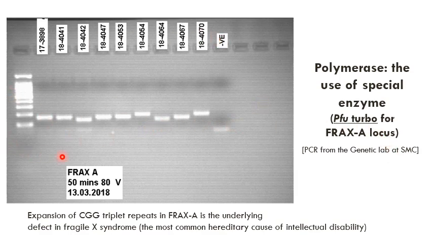Just letting you know that the enzyme used here is not Taq, it is the Pfu Turbo. The assay was run on the gel at 80 volt for 50 minutes, and these bands were the result of the assay.